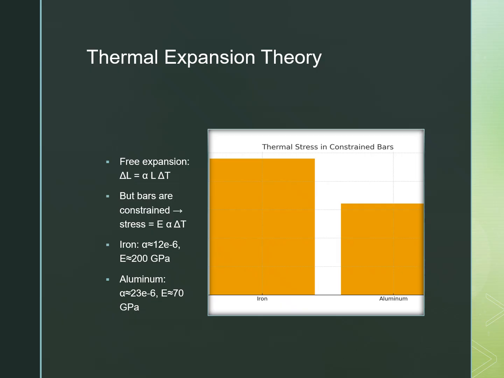This means iron ends up with a larger stress, about 240 megapascals, while aluminum ends up around 161 megapascals. The graph here shows how big that difference is, but the important part is both bars end up with no actual change in length because the walls force them to stay exactly 1 meter long.